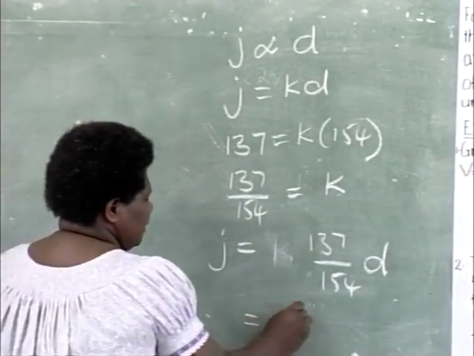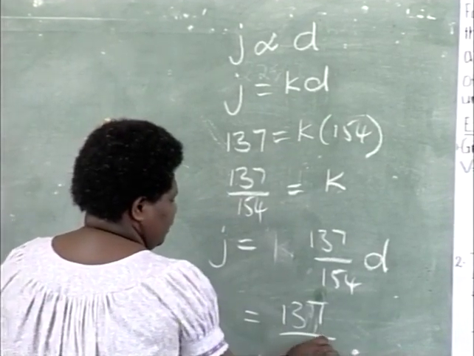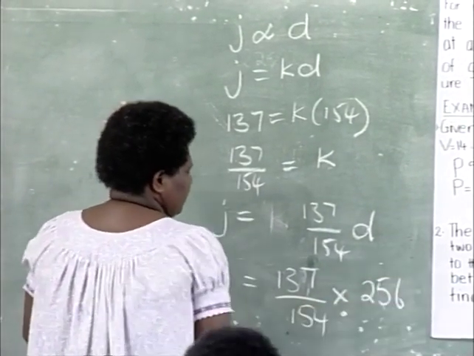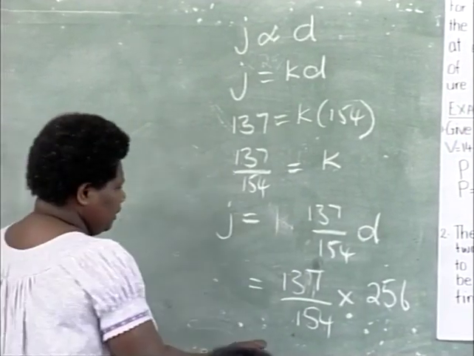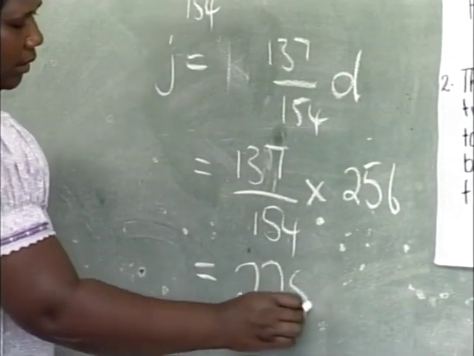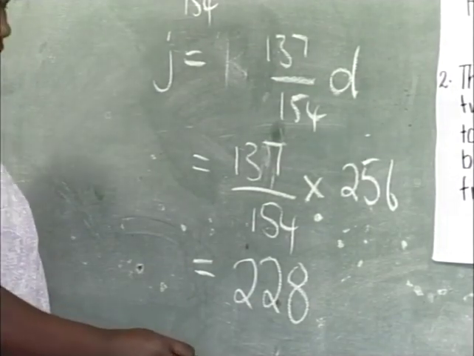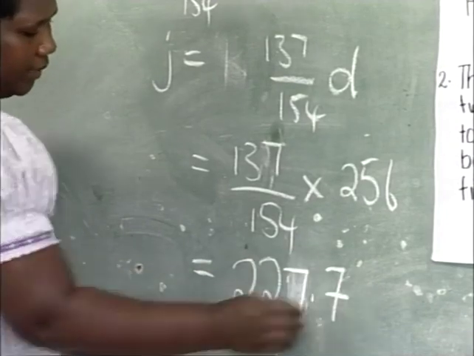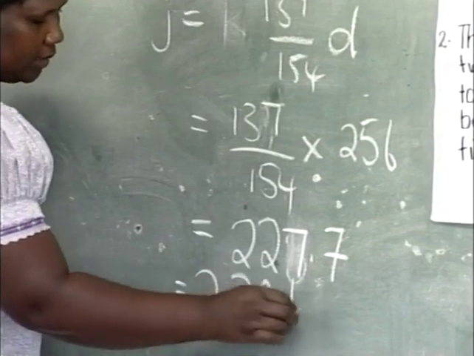So it's 137 over 154 multiplied by the distance, which is 256. Then the answer is going to be 227.7, which is equal to 228 kilometers.